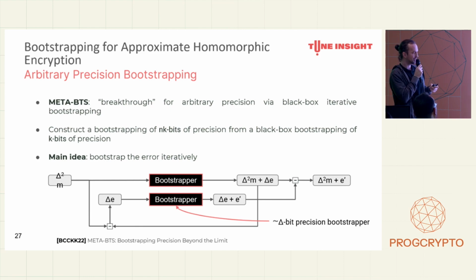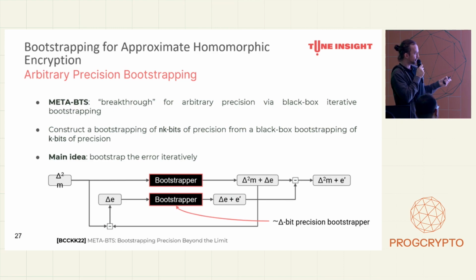So the main idea is that you bootstrap the error that is added by the previous circuit. An example here: you have a plaintext message that is scaled by a scaling factor squared, with a bootstrapping that has a precision that is approximately the same as the scaling factor. So you do a first bootstrapping, you get your message back, plus the error times the scaling factor, because this is the error that the bootstrapping would produce.